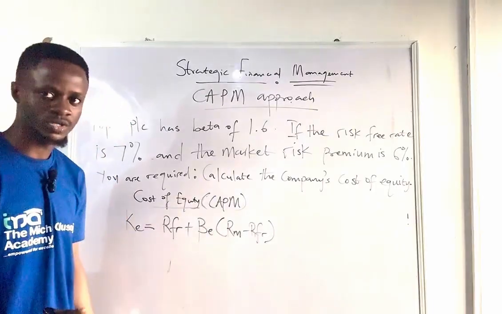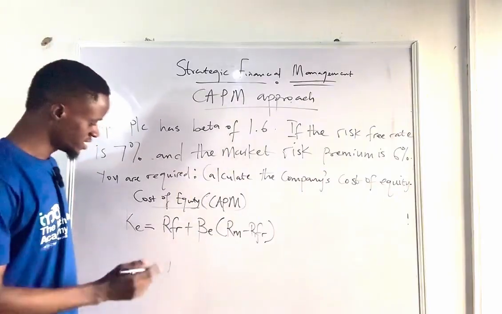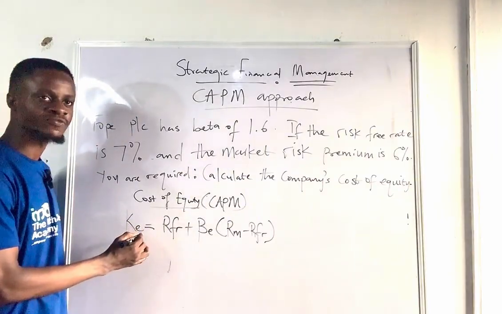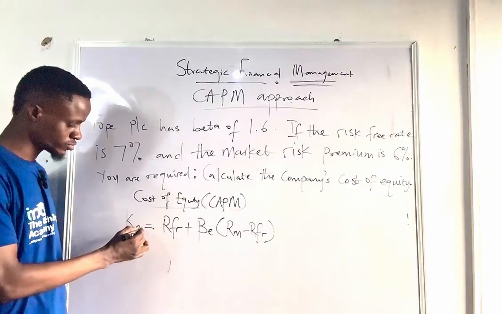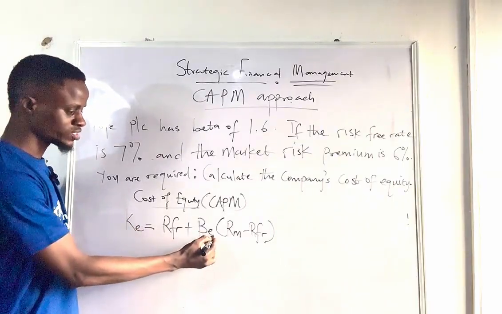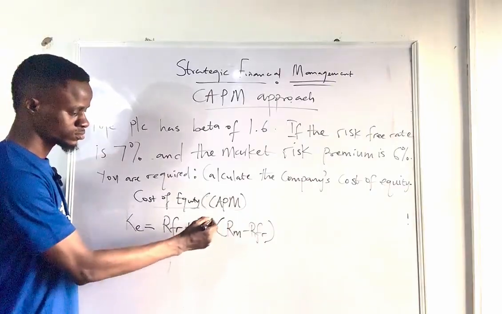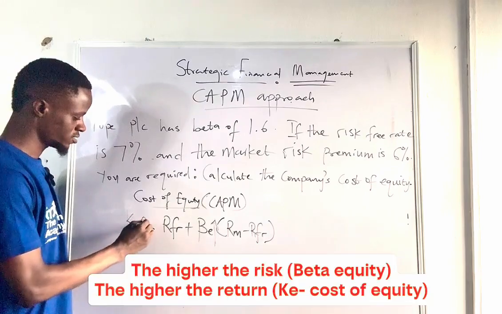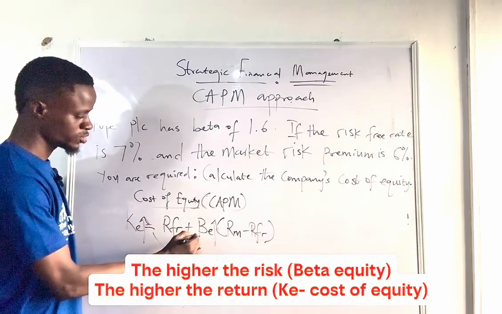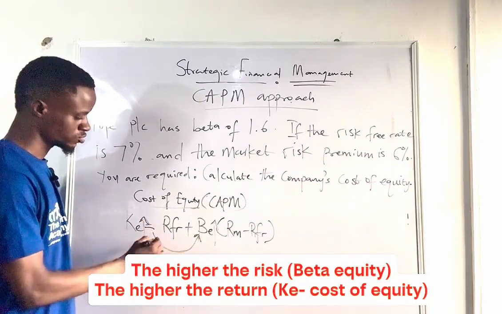When we solve questions, we're going to understand better. Here is the minimum required rate of return, that is the amount you are going to get. This is the return, and this is the risk. The higher the return, the higher the risk. There is a positive relationship between these. Can you see that?